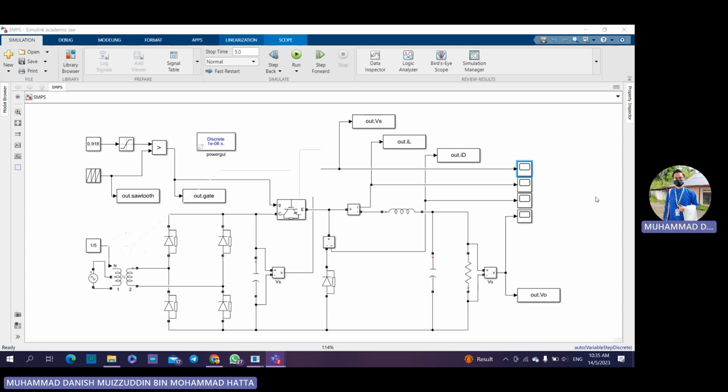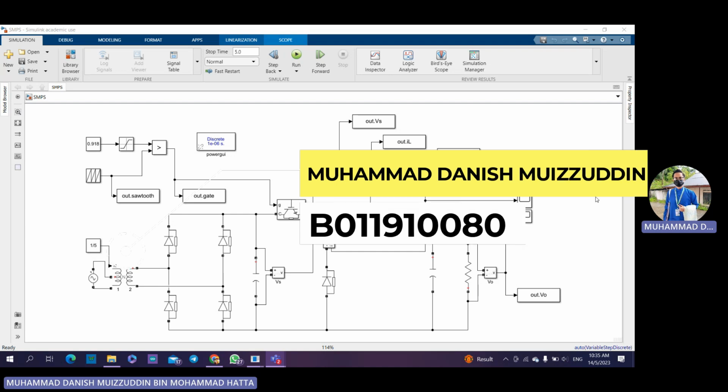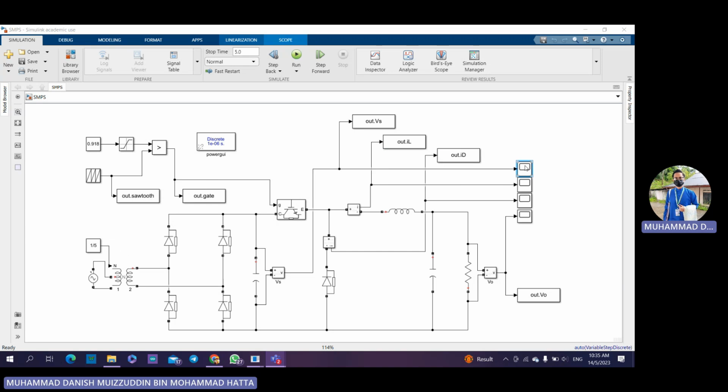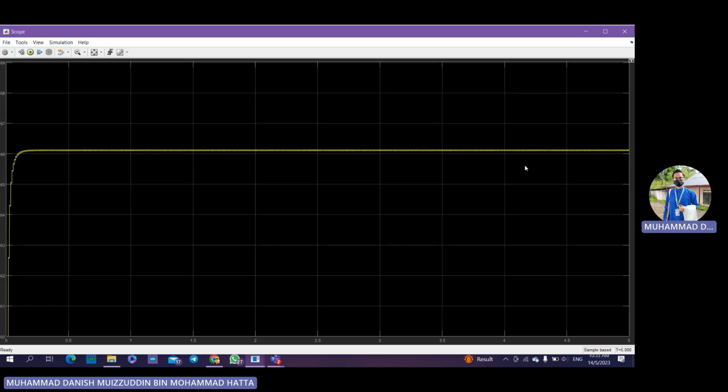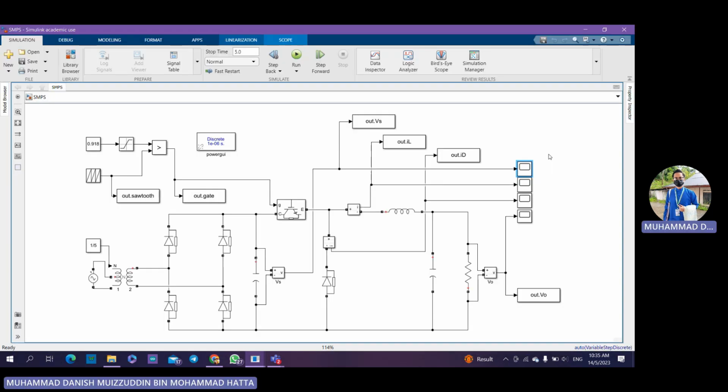So the first one is about SMPS without PI controller. So we have 4 types of graph. The first one is Vs, this is the Vs graph, and then we go to IL.